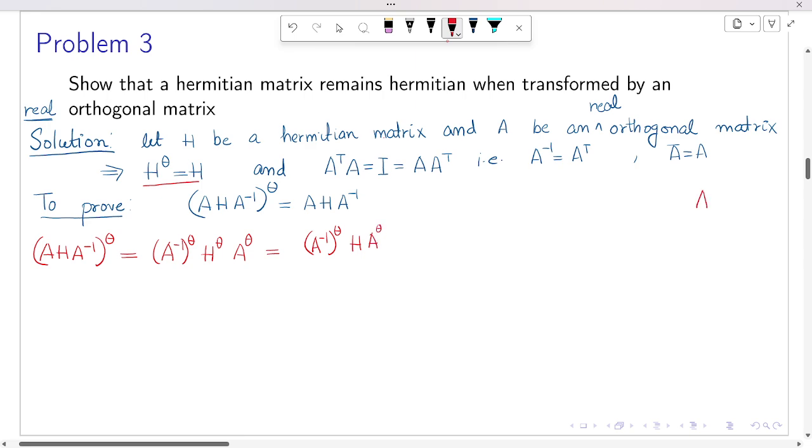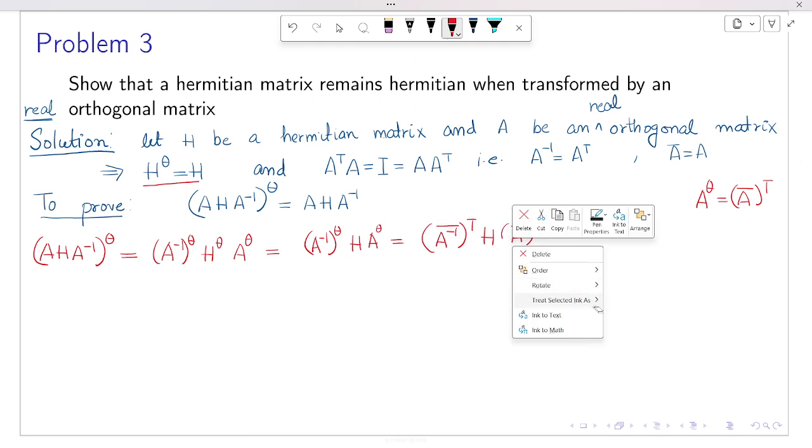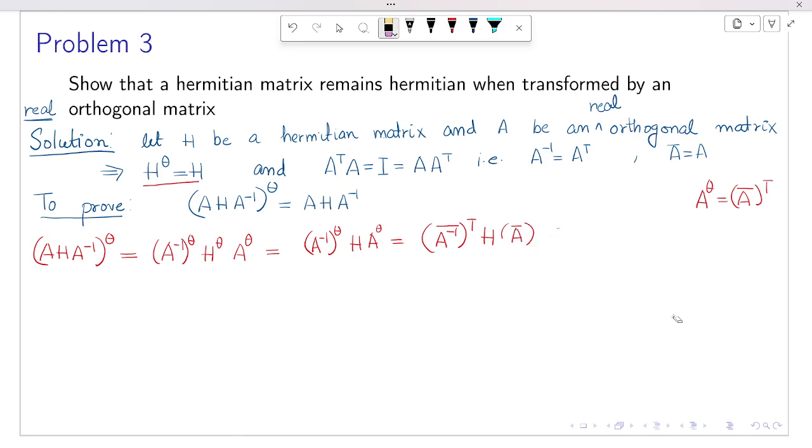Now we know what we mean by A conjugate: this means transpose of the conjugate. So this is the transpose of A inverse conjugate, H, and the transpose of A conjugate. Now as A is a real matrix, A conjugate is equal to A, and as A is real, A inverse is also real, so A inverse conjugate is also equal to A inverse.